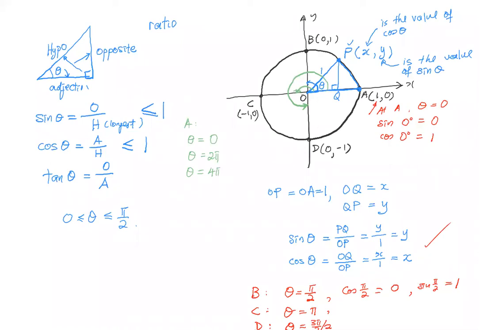Are you clear? So that's why sin 0 equals sin 2 pi equals sin 4 pi equals 0. Are you okay?